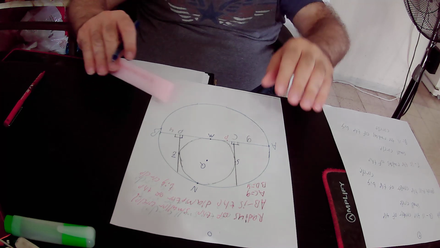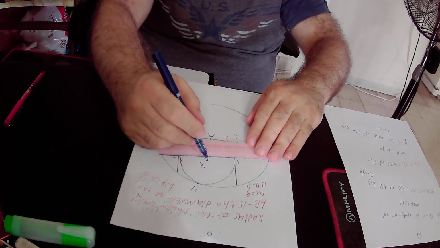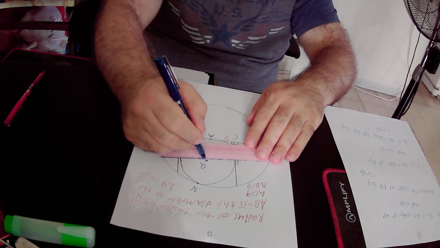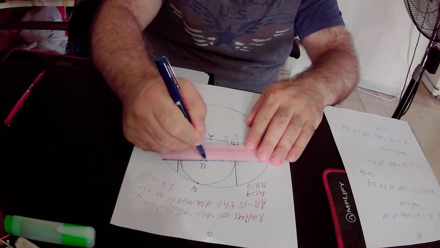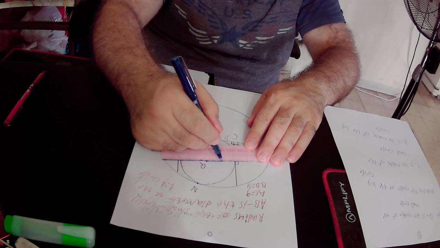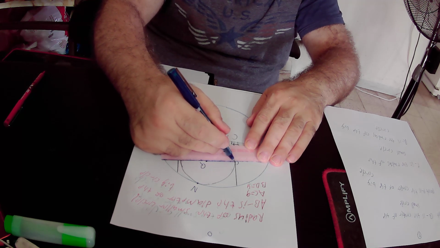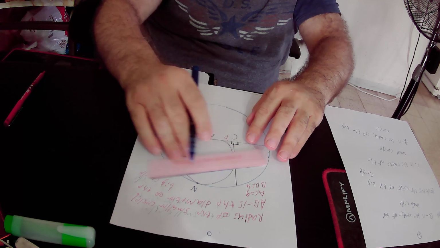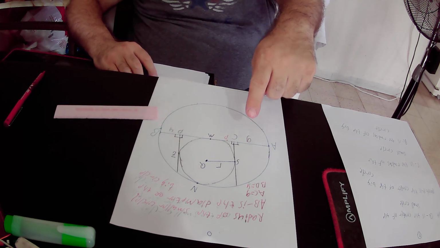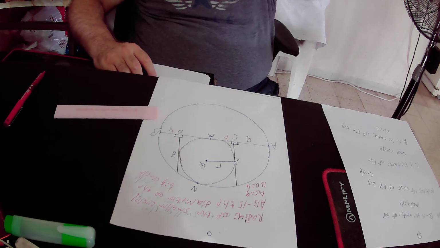So the first radius starts from point Q and touches the circle at point S, that is the tangent point. Okay, so this radius touches the tangent point, that is point S.